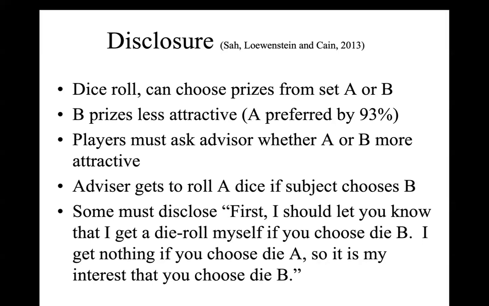And here's the disclosure that they make in the study. The advisor says, first, I should let you know that I get to roll a die for myself if you choose die B. I get nothing if you choose die A. So it is in my interest that you choose die B. All right, so a very clear disclosure: I am recommending this for my own sake, not for your benefit, client.